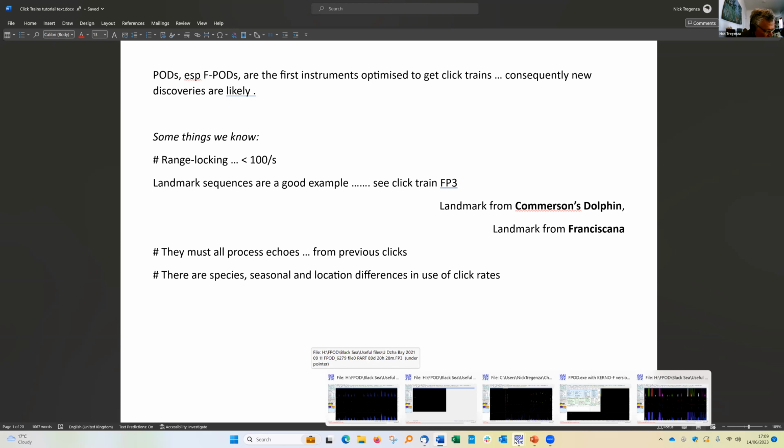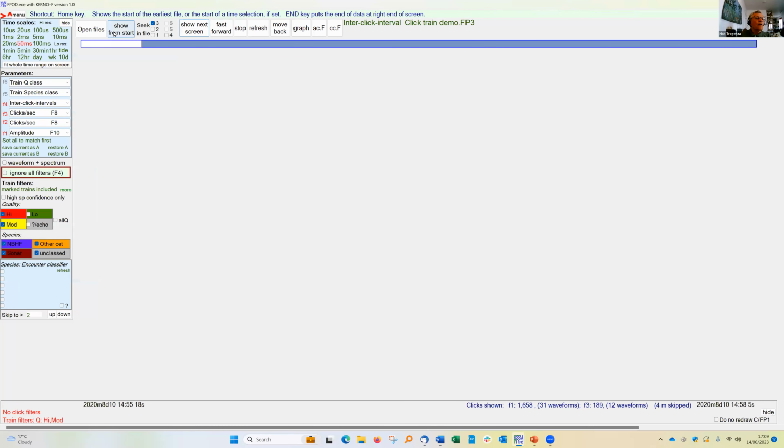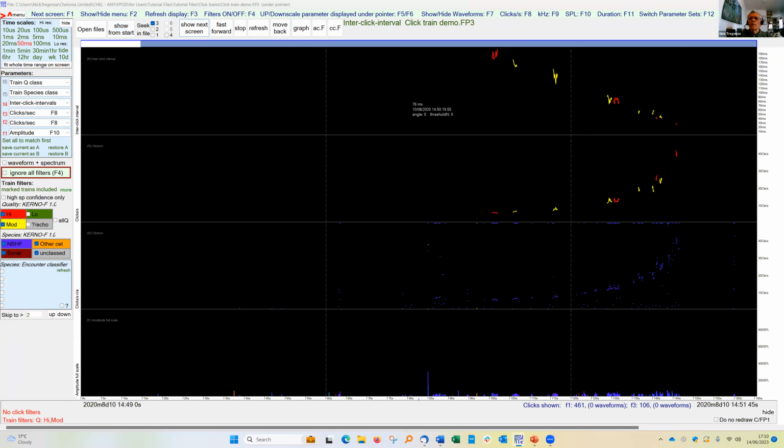I've got it, okay. So this file here shows you some of your data, Caroline. This is Commerson's dolphin.